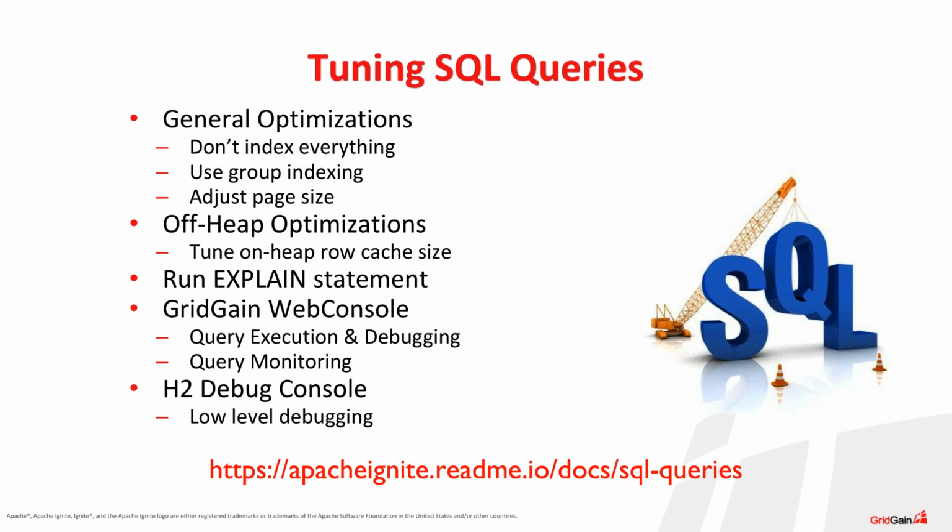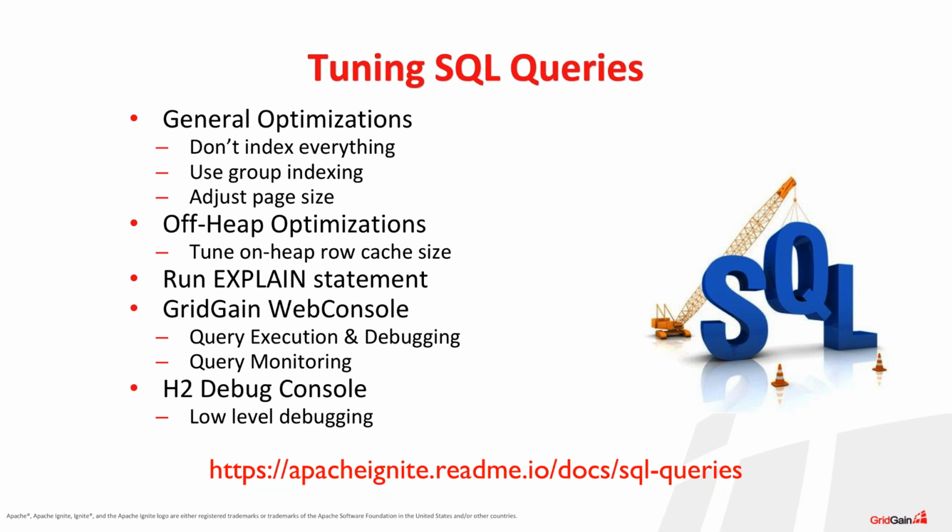And for your convenience, there are several tools that you can use. The first tool I want to mention is GridGain Web Console. You can find it both on the Apache Ignite and GridGain websites, and it's actually a web application for monitoring and management of an Ignite cluster.